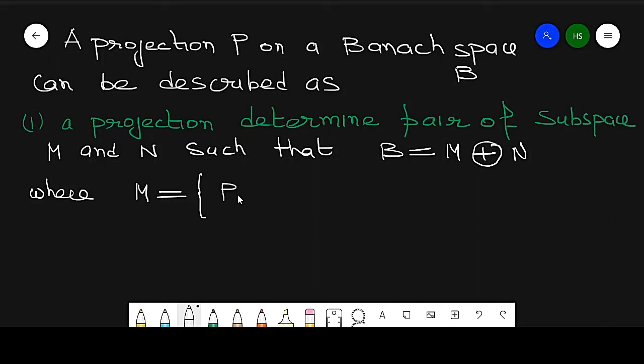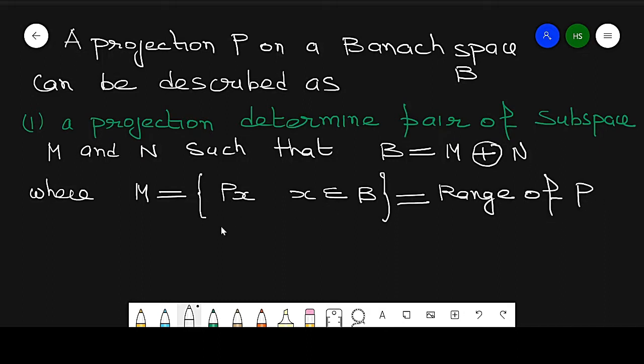Range means P of x such that x belongs to B. Null space means x belongs to B such that Px equals 0.